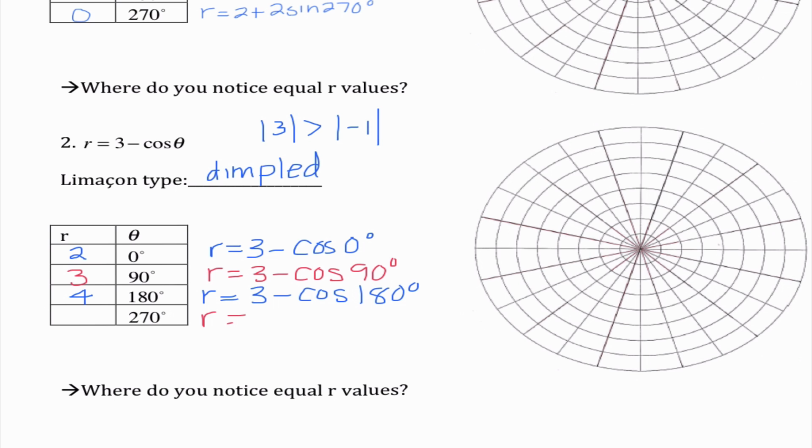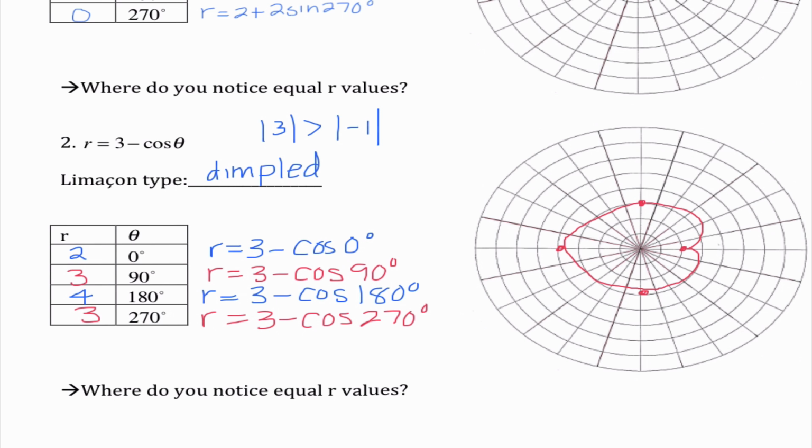And then lastly, 3 minus cosine of 270 is 0, so I get 3. So if I'm plotting this, I have points at 2, 0, 3, 90, 4, 180, and 3, 270. So it's going to look something like this.